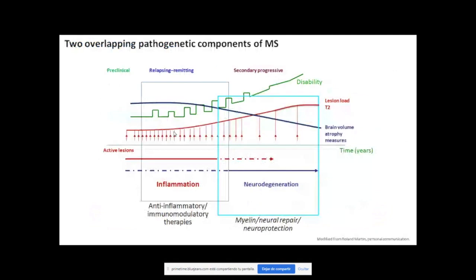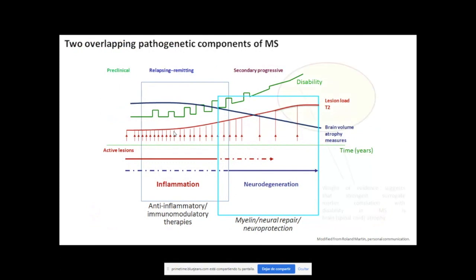But we also have to keep in mind that MS is not just an inflammatory disease. It's a disease with two overlapping pathogenic components: an inflammatory component that predominates in the early phases of the disease, and a neurodegenerative component that, although it predominates in the progressive phases of the disease, is already present at the onset of the disease.